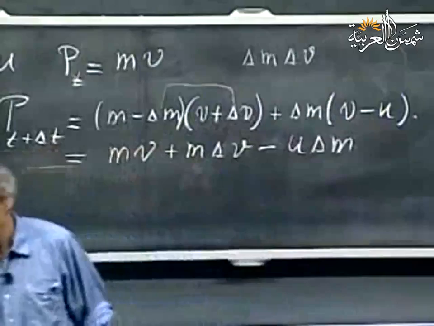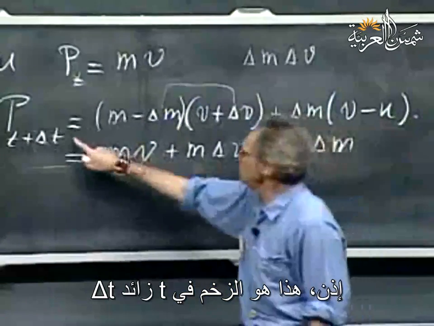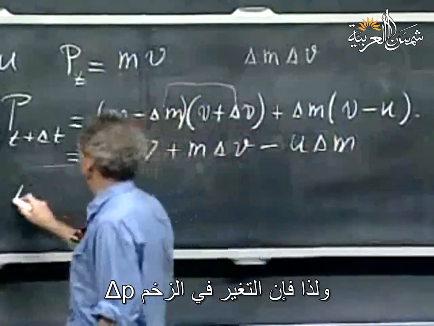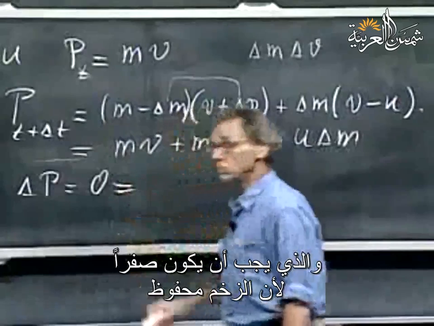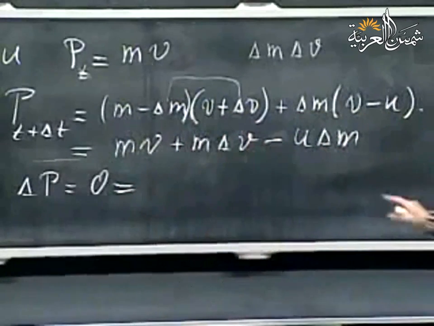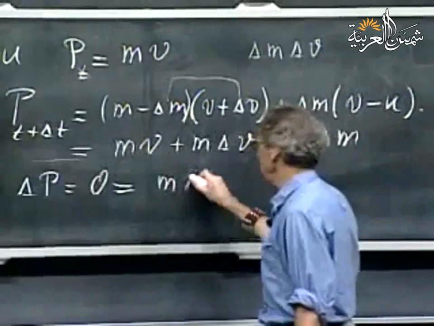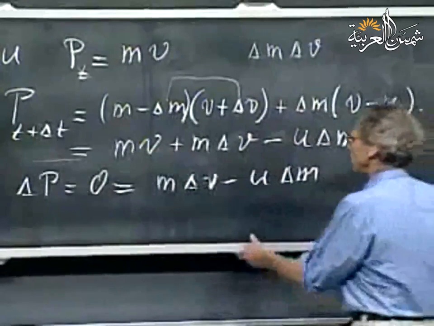I ignore that. So this is the momentum at t plus delta t, and this is the momentum at time t, and so the change in momentum, delta p, which must be zero, because momentum is conserved, is m delta v minus u delta m.